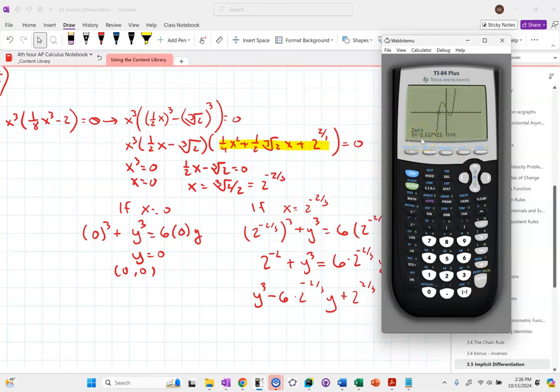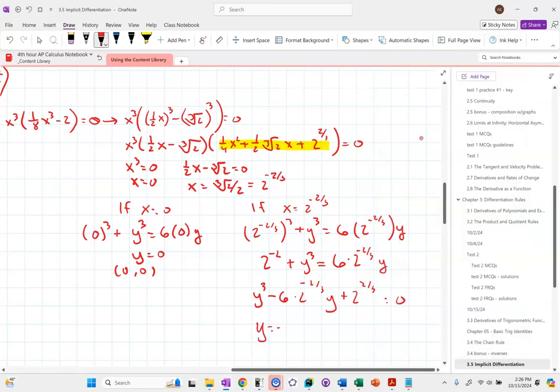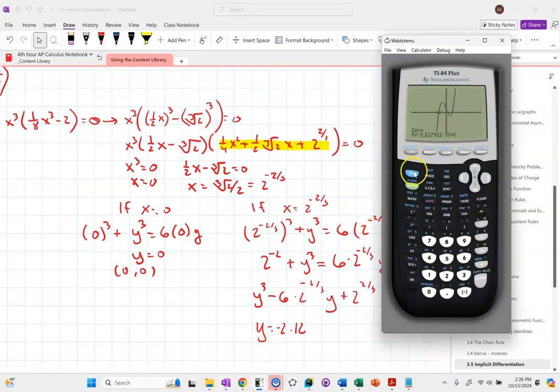So negative 2.2, and then we have 0.44 and 1.68.